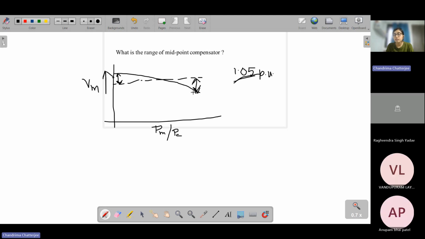So their signs are different, right? Here and here you will have to provide different amounts of reactive power, and their sign will also be different. Here it will be negative, here it will be positive. That is what we need to find out, what is the range.